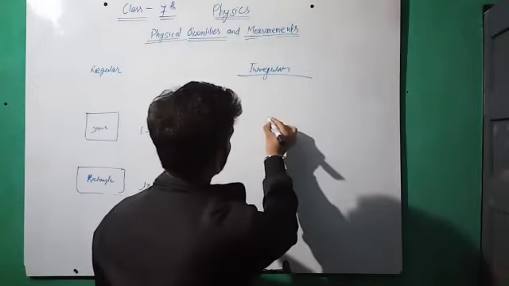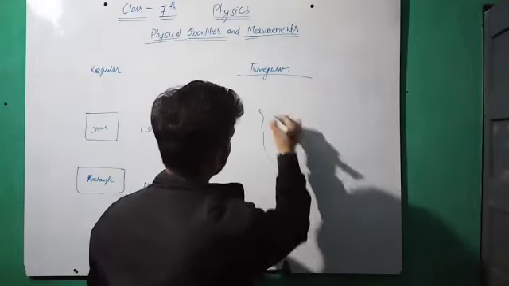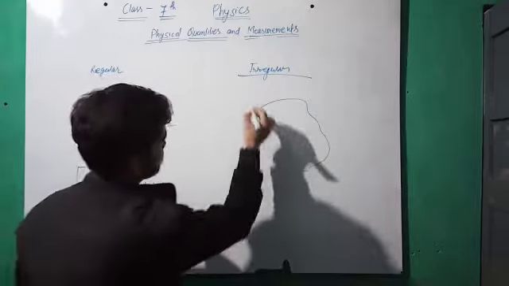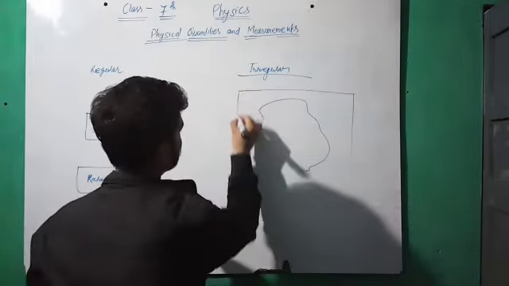Next, if we have an irregular body like this, how can we measure the area of this irregular body? Even if you have a graph, you are very familiar with the graph.